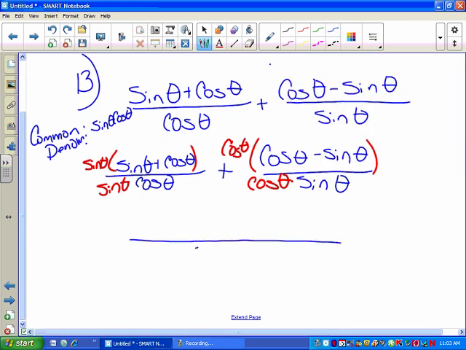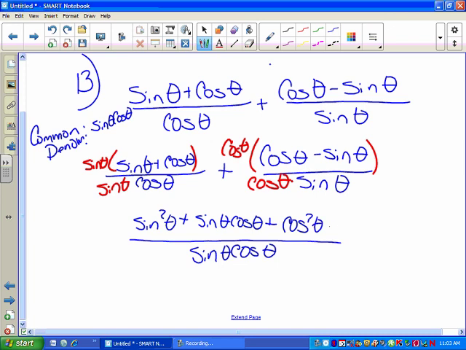Now that we've got it, we can use it. Sine theta, cosine theta. So I think I am going to distribute as we go here. So we're going to have sine squared theta plus sine theta cosine theta plus cosine squared theta minus sine theta cosine theta.